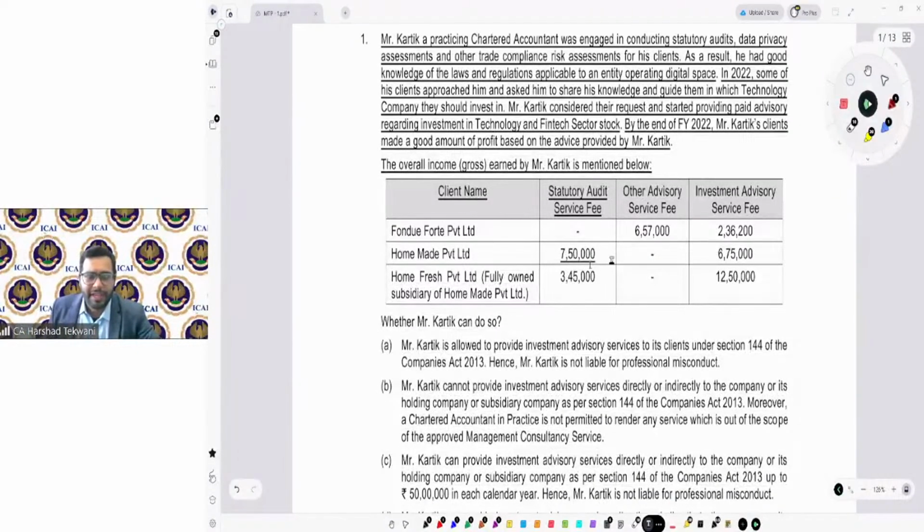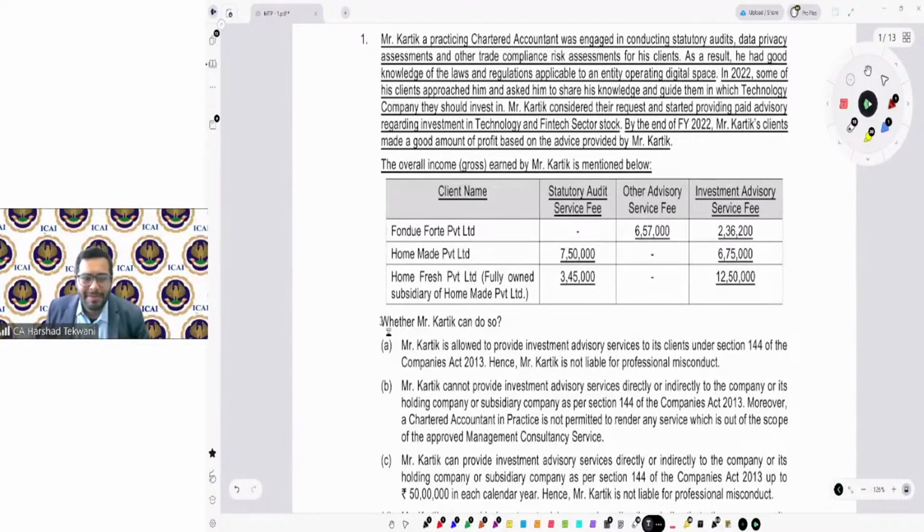He received 3,45,000 from statutory audit, whereas he received 6,57,000 from other advisory, and in one place he has received 236, 675, and 1,250 from the investment advisory. So he has received investment advisory, statutory audit service fee, and other advisory service fee.